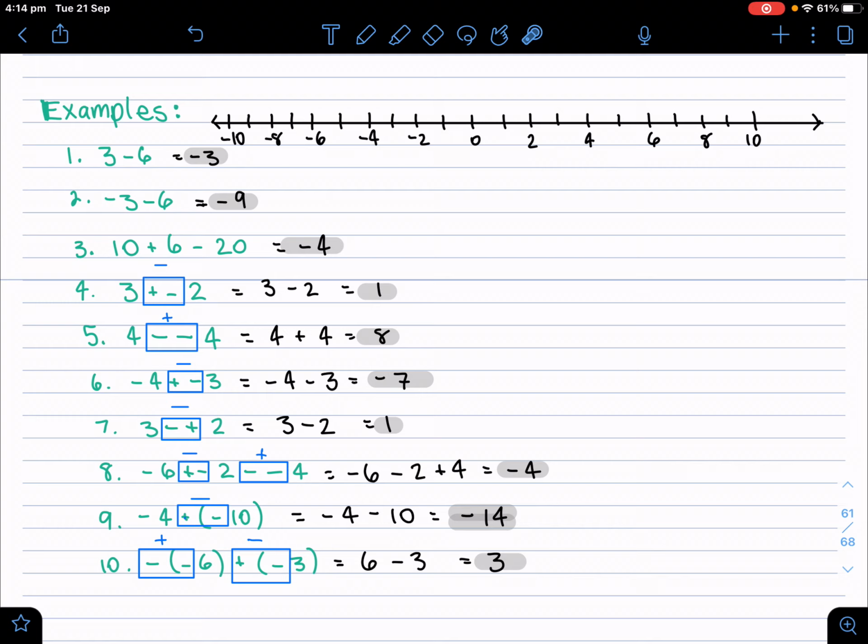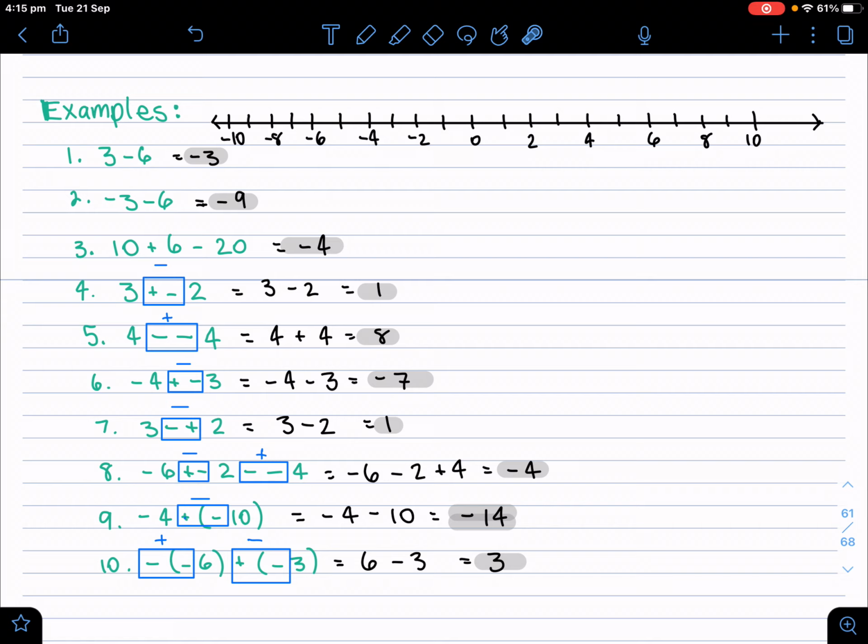Let's go on to example 7. Example 7 says 3 minus plus 2. Well, they're next to each other and they're different, so that equals a negative. 3 minus 2 is 1. Let's make it a little bit harder and add a third number into this. Example 8 says minus 6 plus minus 2 minus minus 4.